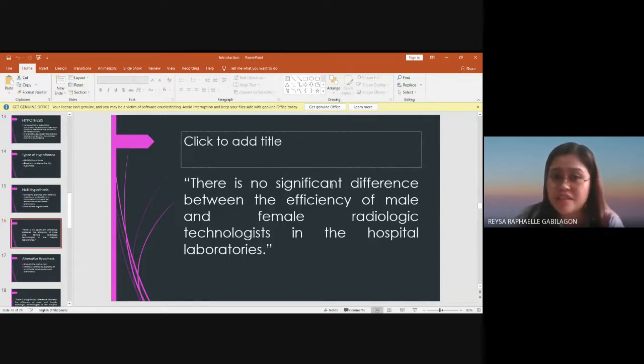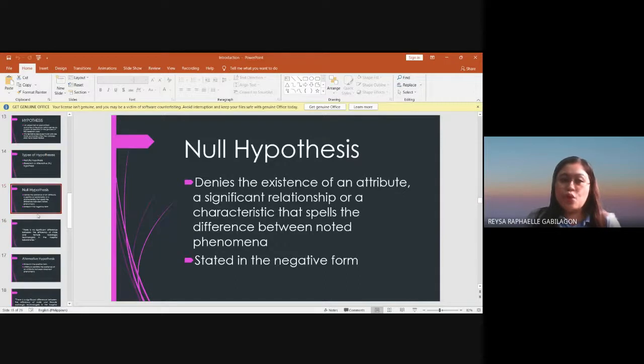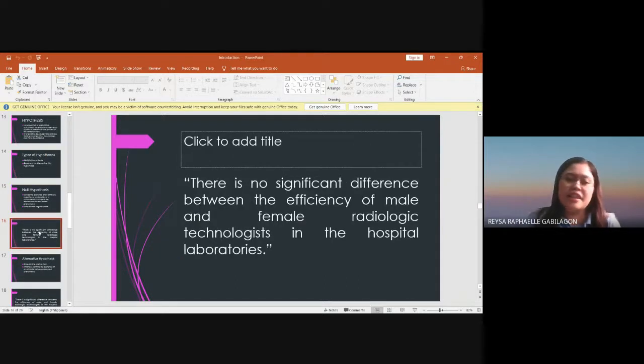Our hypothesis is that the efficiency of work of male and female radiologic technologists in hospital laboratories does not differ. So with the null hypothesis, we are denying the difference between the variables.